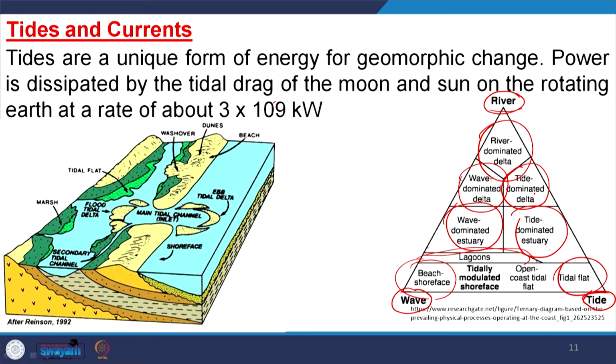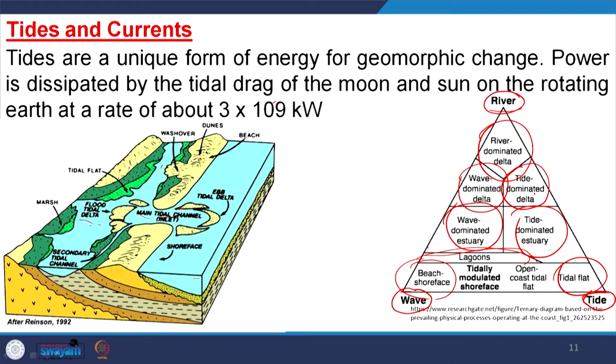Similarly, if you see here, this is open sea and this is the tidal delta, which is tide dominated; this is the marshland, and finally, this is the secondary channels, and this is the main tide channel. The landforms here, whether marsh, tidal flood, or deltas, are dominated by a particular type of process or are equally influenced by a number of processes involved.